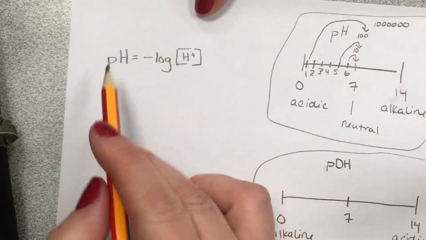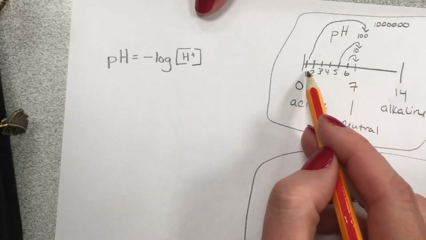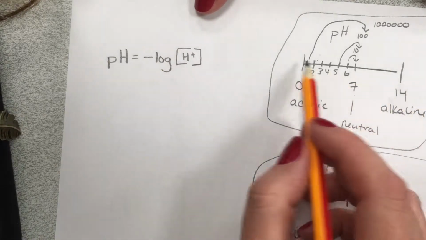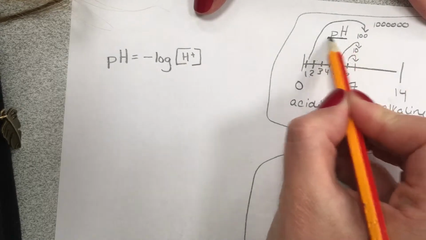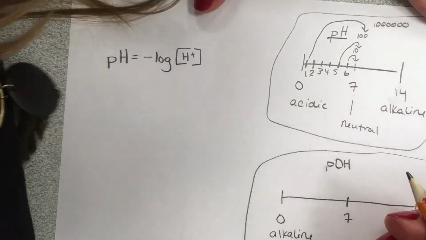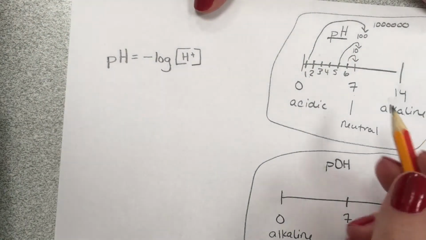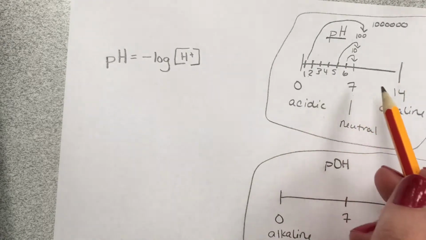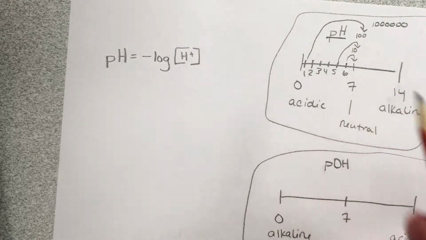So that's basically what it's saying here. Every time you move down or up the pH scale, you're going up or down by a factor of 10.